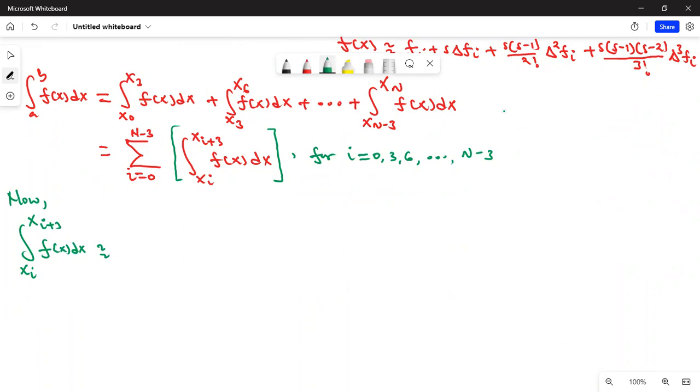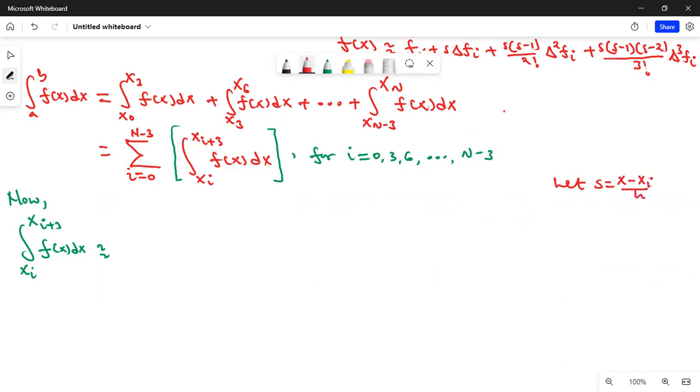And because that polynomial is a function of s, that means we need to define a transformation. Our transformation is this one, that we let s be equal to x minus xi over h.